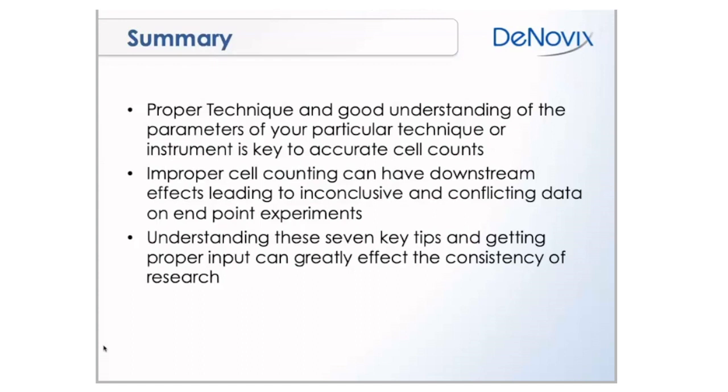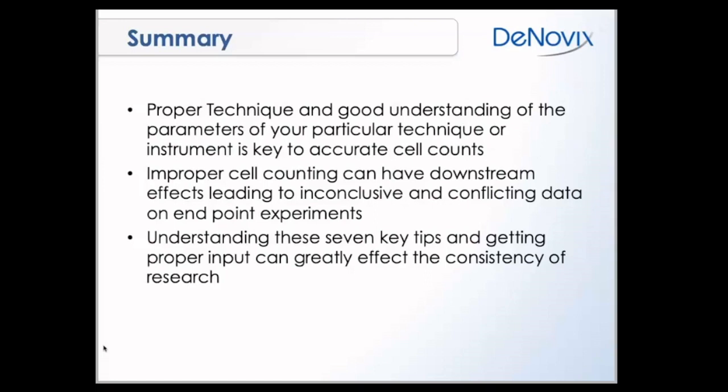You can end up having inconclusive and conflicting data on your experiments if you don't make sure that the input that you're putting into that experiment is good. So understanding these 7 key tips, they're simple things. Really, once you know them, once you understand them, they kind of become second nature. But they can greatly affect the consistency of your research, leading to much better data.